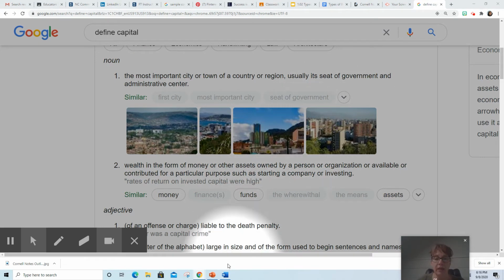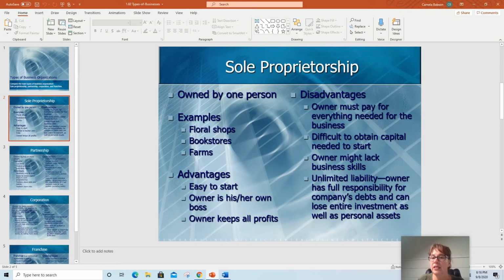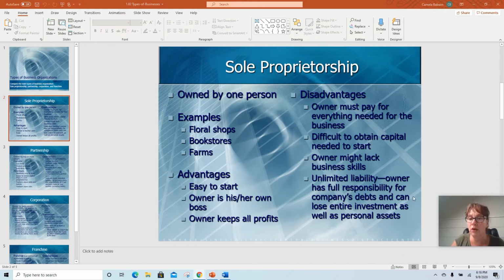So in going back to our PowerPoint, difficult to obtain the capital needed to get started. Well, the reason it's difficult is because right here in this first bullet where it says owner must pay for everything needed for the business. That is why it is difficult for you to get capital as a sole proprietor. Then we're going down to the third bullet where it is owner might lack business skills.